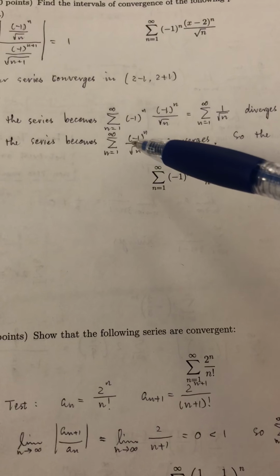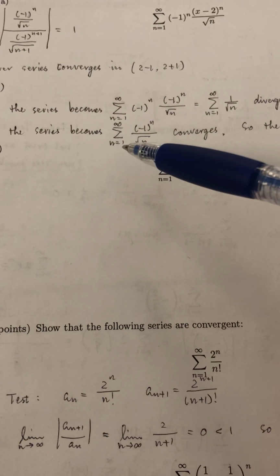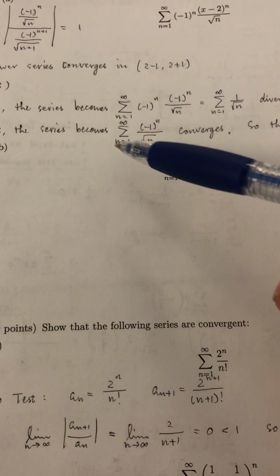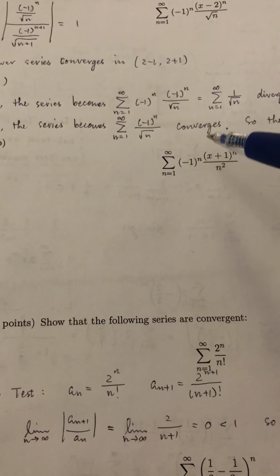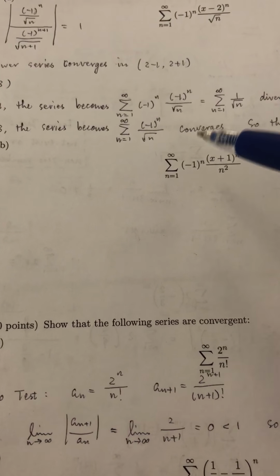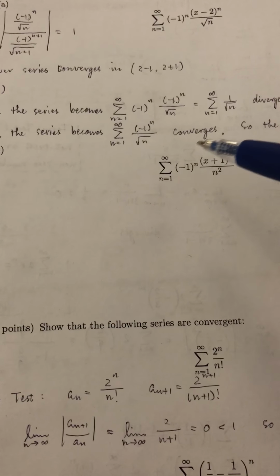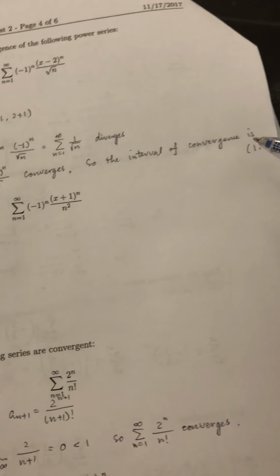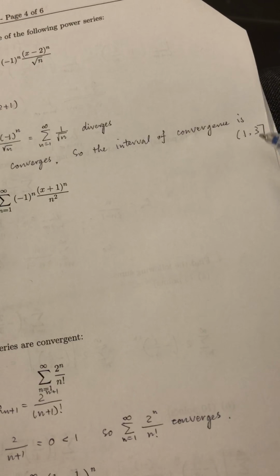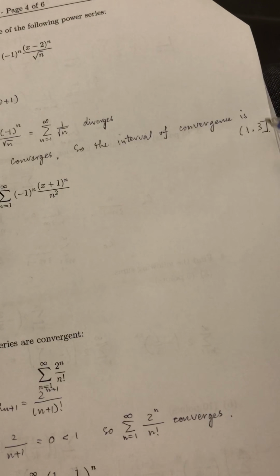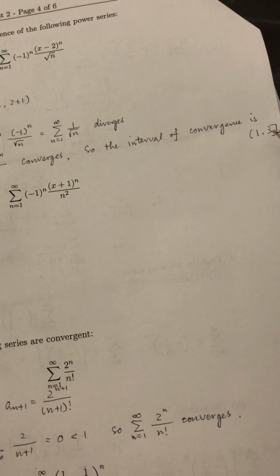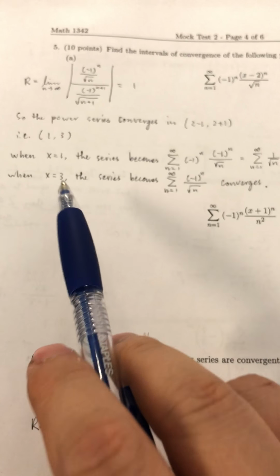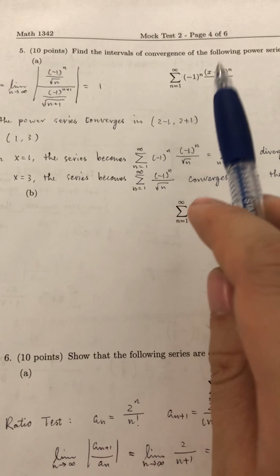So we know that it is an alternating series, and according to the alternating series test, this series is convergent. So the interval of convergence is 1, 2, 3. Be careful here. We have a bracket at 3. That means 3 is included, because when x equals 3, this series is convergent.